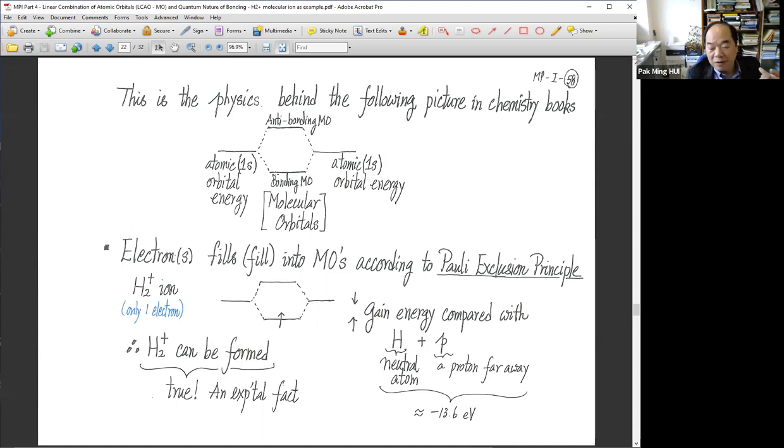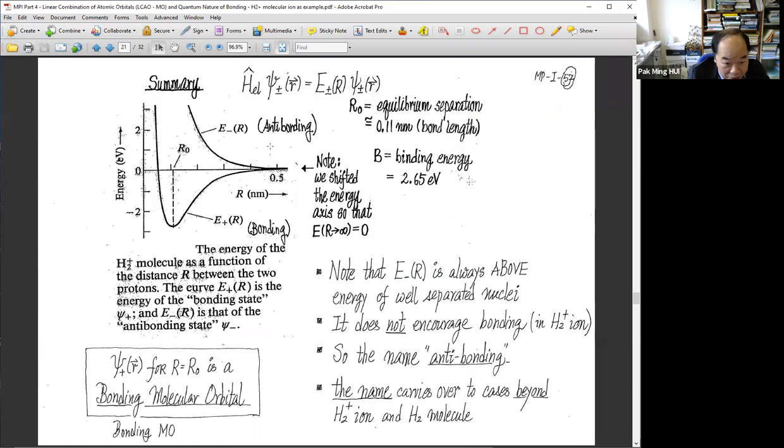So you see, the one that is suppressed in energy is the bonding molecular orbital. The one that has a higher energy is the anti-bonding molecular orbital. What I mean is this one. So now you may take 0 as minus 13.6 when they're far apart. And therefore, one is lowered, another is pushed very high, actually here somewhere.